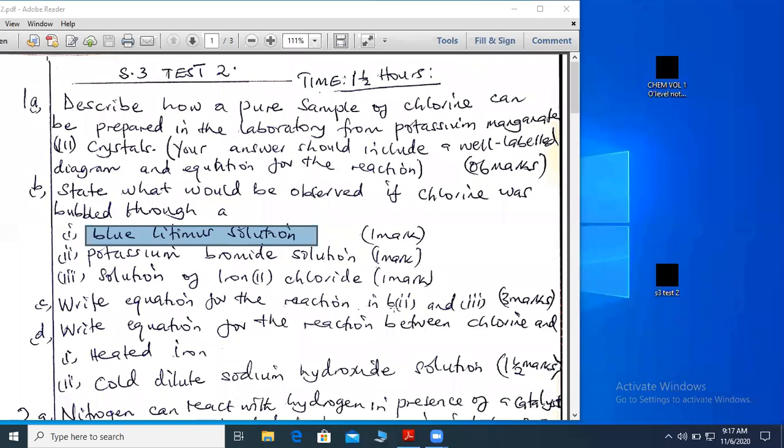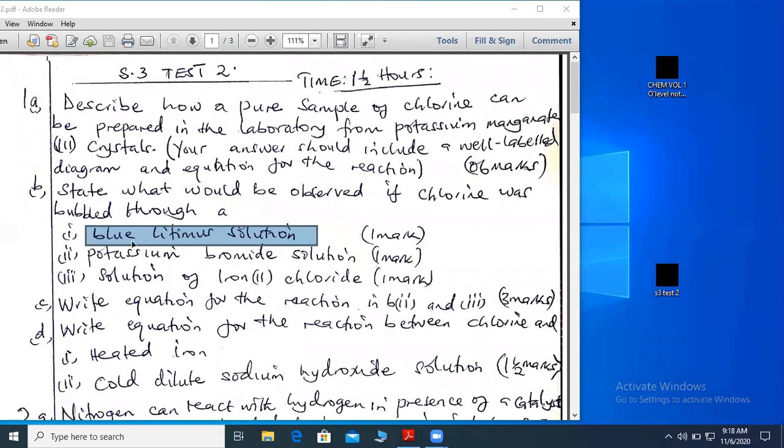The solution will first turn red and then finally colorless. Good. The solution would first turn to red and finally colorless. Why does it turn to red? Since it is a solution, it means chlorine will react with water to form hydrochloric acid and hypochlorous acid.